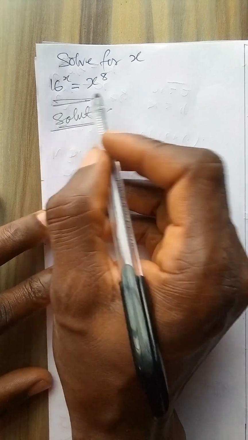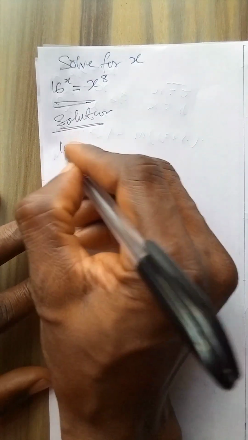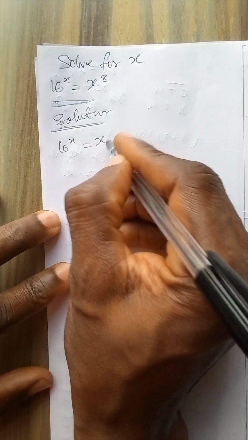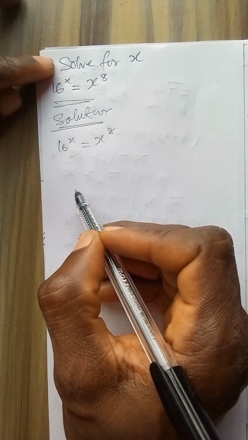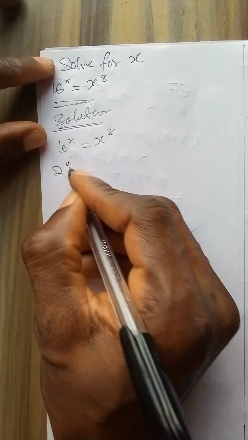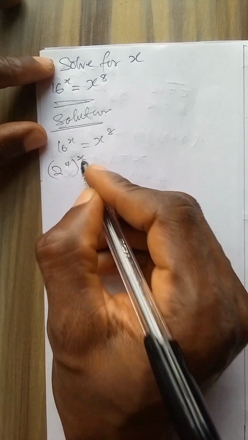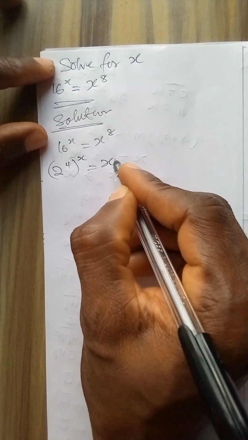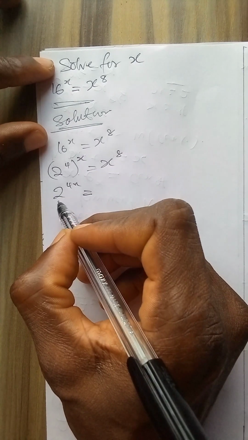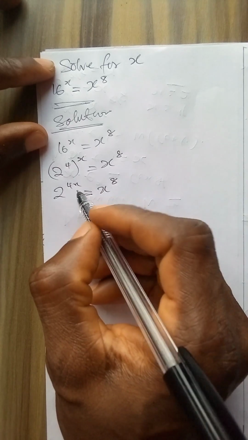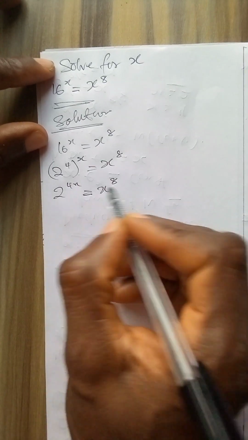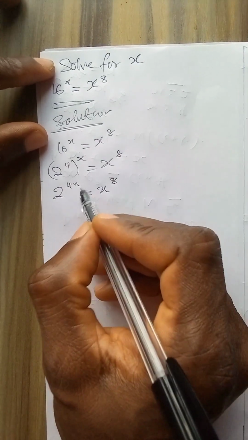I'll first of all reduce this equation. 16 to the power x equals x to the power 8 is the problem. 16 can be written as 2 to the power 4, then outside is power x, equals x to the power 8. Now, 2 to the power 4x is equal to x to the power 8. I will now have to raise both sides to the power 1 over 4.